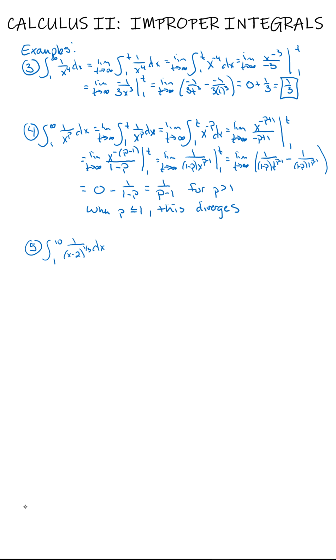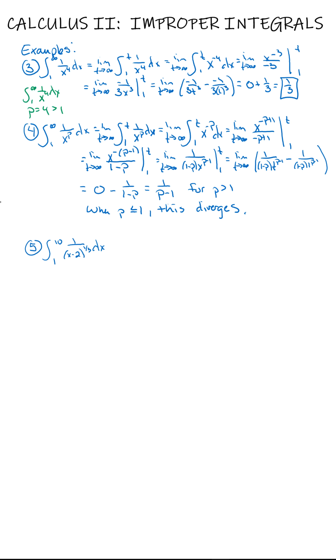And so this is actually a really nice result. In fact, we could use this back on example 3. If we take a look at example 3, we're integrating from 1 to infinity of 1 over x to the 4th dx. In this case, our p is 4, which is definitely greater than 1.